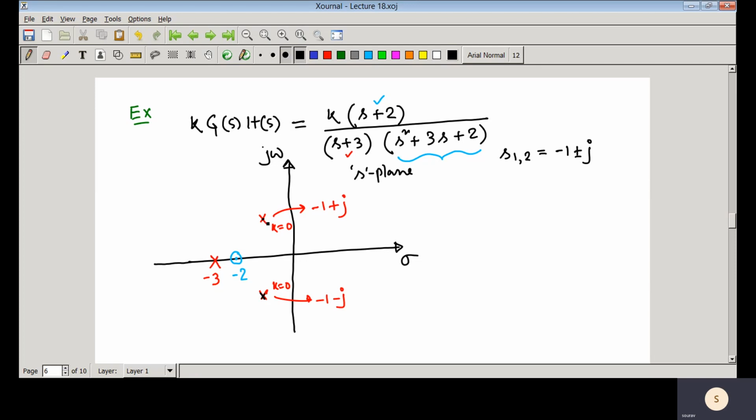That means they would be here at the pole location. And whenever your open loop transfer function is like that, it has 3 open loop finite poles and one finite zero at minus 2, and you can see here that it has 2 zeros at infinity.